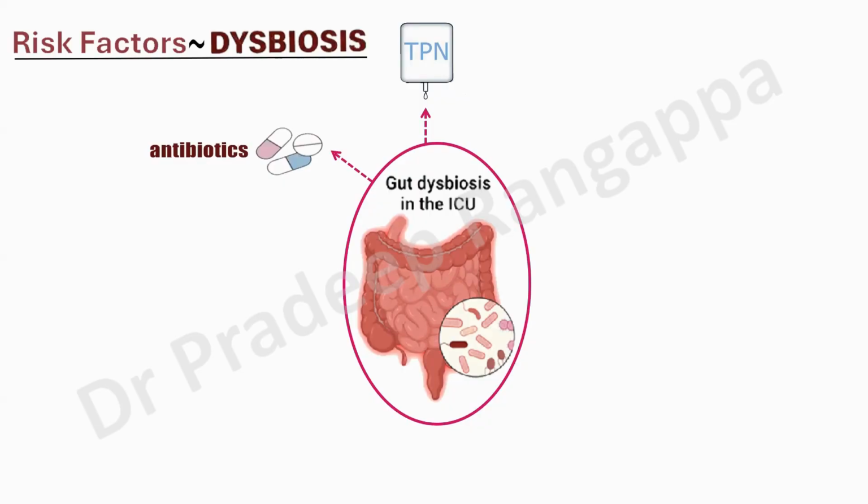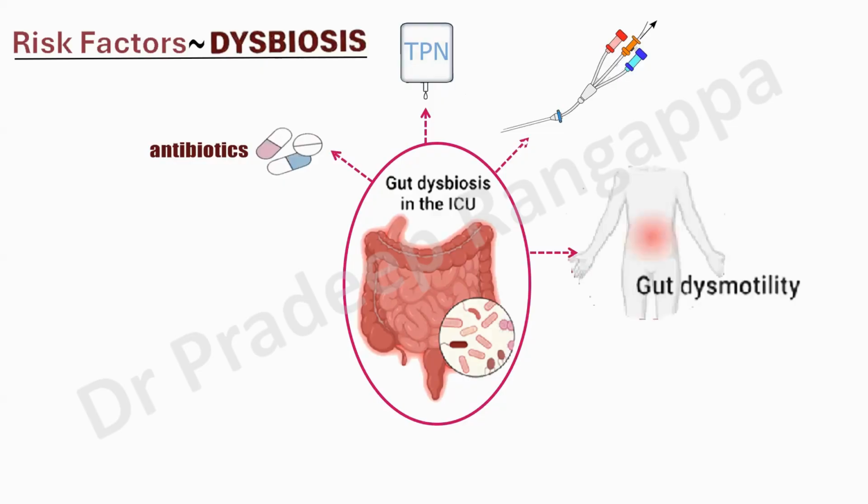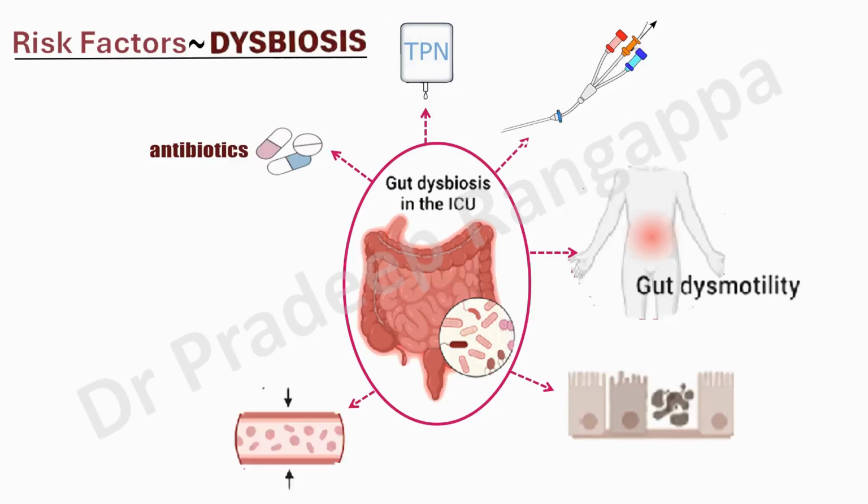So indiscriminate usage of antibiotics causes dysbiosis, and someone who is having a CVC line, or any intravascular catheters, or gut dysmotility and epithelial breach due to GI bleed or any other reason. If their epithelial integrity is lost, that is also a reason for gut dysbiosis. And use of vasopressors also is a risk factor for gut dysbiosis.